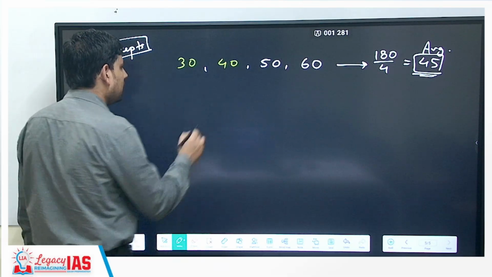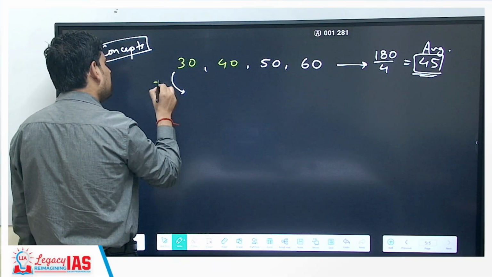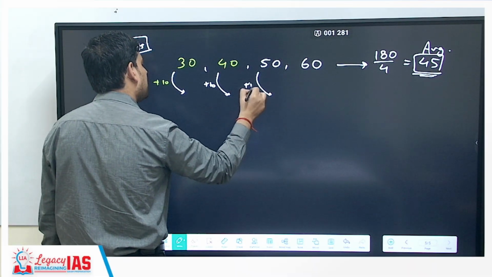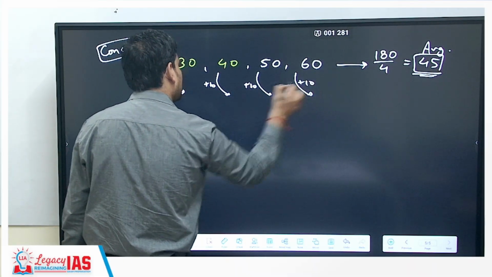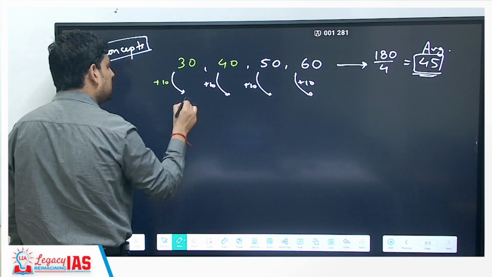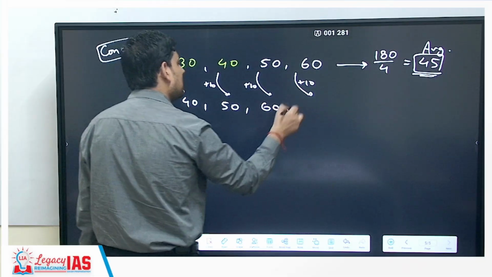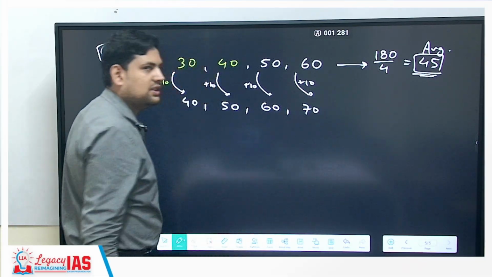Then let's just increase all of them by 10. So 30 plus 10 becomes 40, 40 plus 10 becomes 50, 50 plus 10 becomes 60, 60 plus 10 becomes 70.